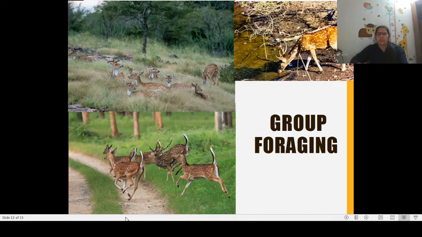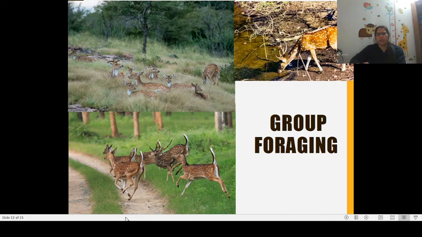In the approach of group foraging, all individuals play an equal role, from searching for the resource patch, to finding it, to consuming it. So the success of finding a resource patch doesn't go to the foraging behavior of a single individual.